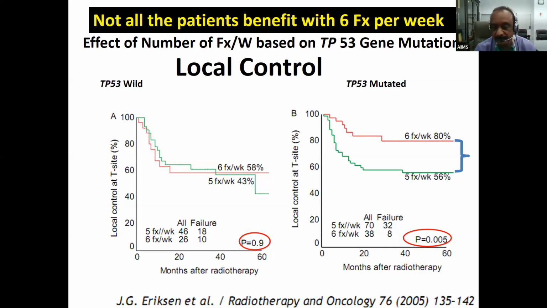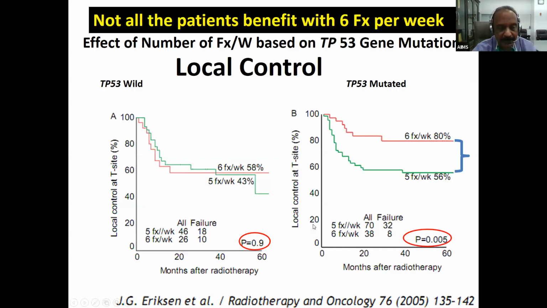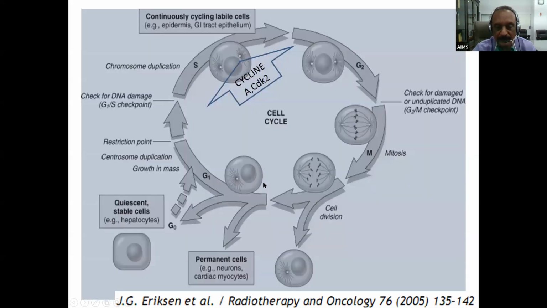There is a very good opportunity for all of you to take this research in the future in a prospective randomized trial. Now, the question is why it was not seen in wild-type tumor, only seen in mutated type tumor. So again, the explanation which the authors gave is very interesting.